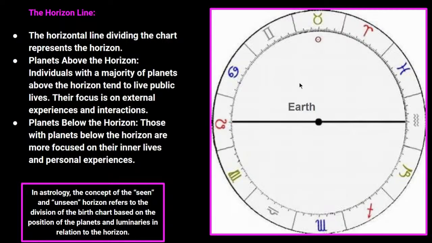Planets above the horizon. Individuals with the majority of planets above the horizon tend to live public lives. Their focus is on external experiences and interactions. Now, the planets below the horizon, and planets again are in our next episode, but we can't draw the horizon line without knowing the associations with it.